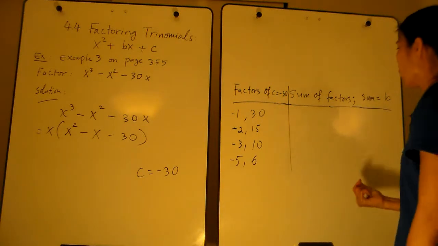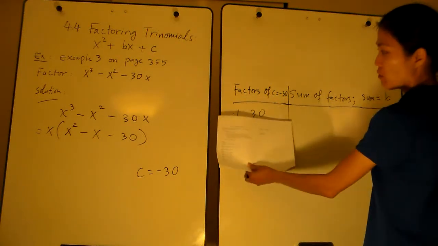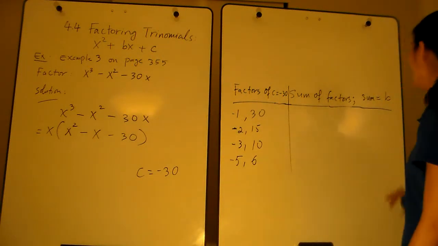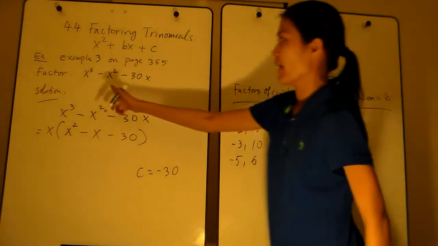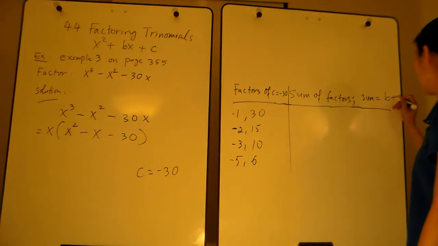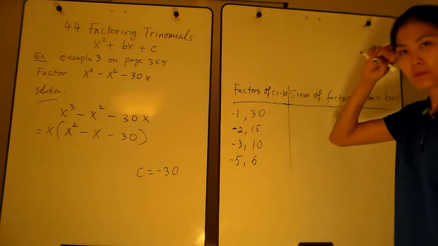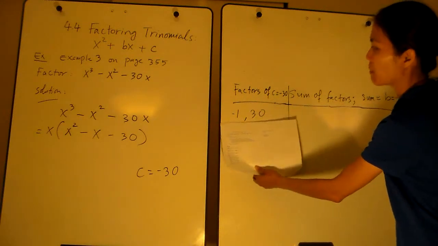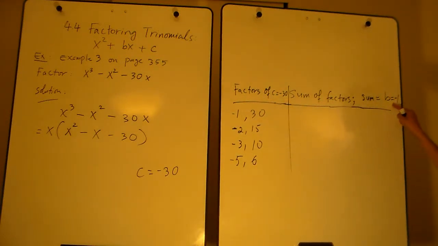The key is you need to find the two factors whose sum gives b, and b in this case is negative 1. So you take these pairs and add them up to see which one gives the value of b, negative 1.